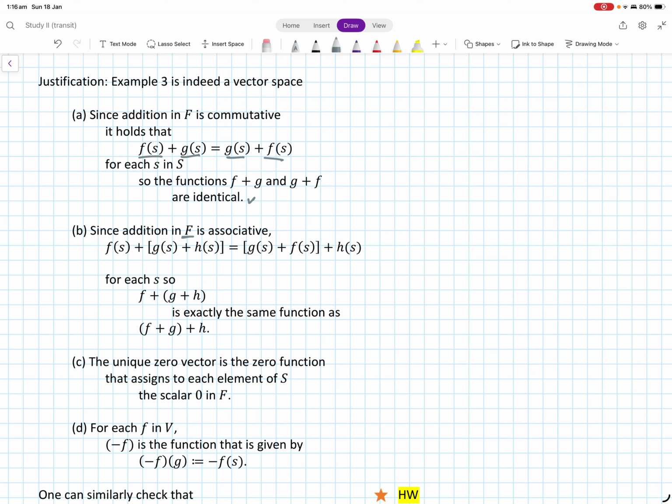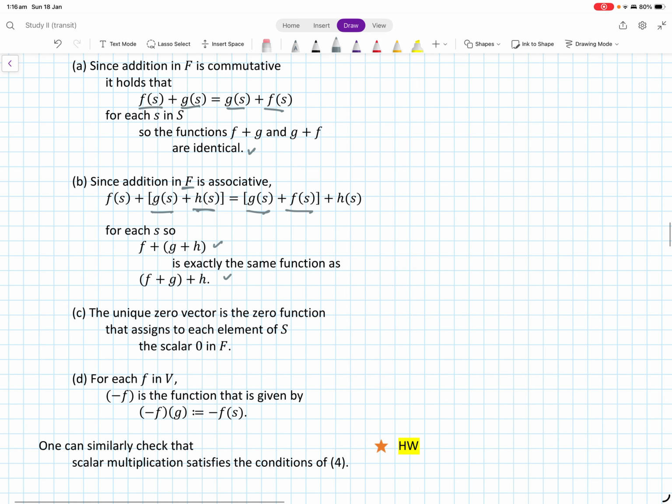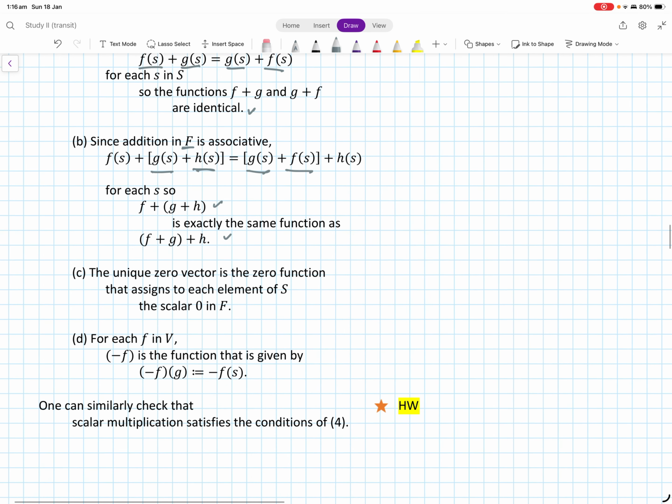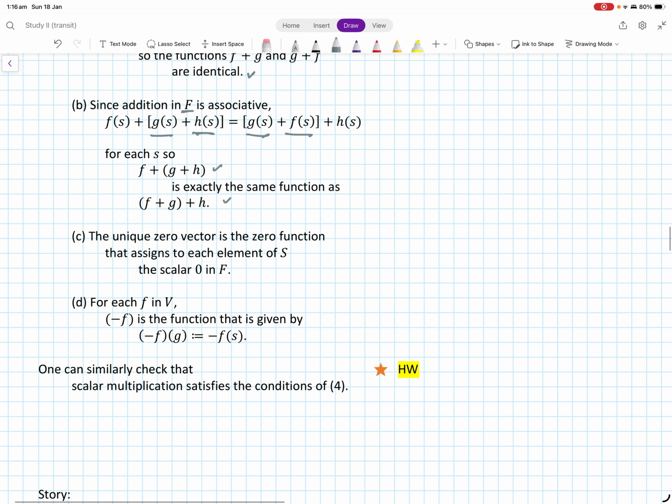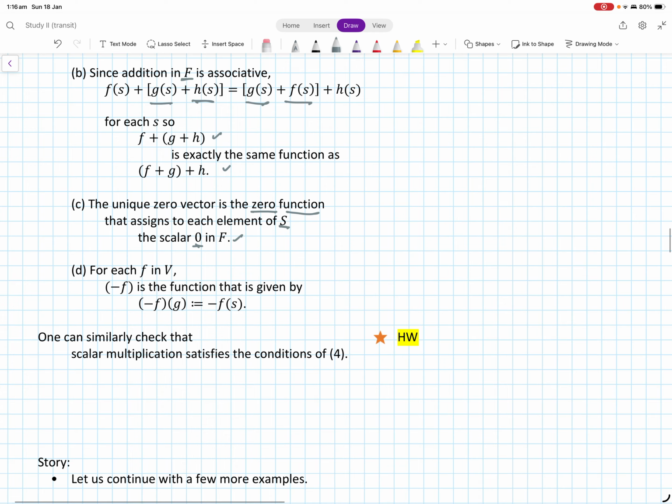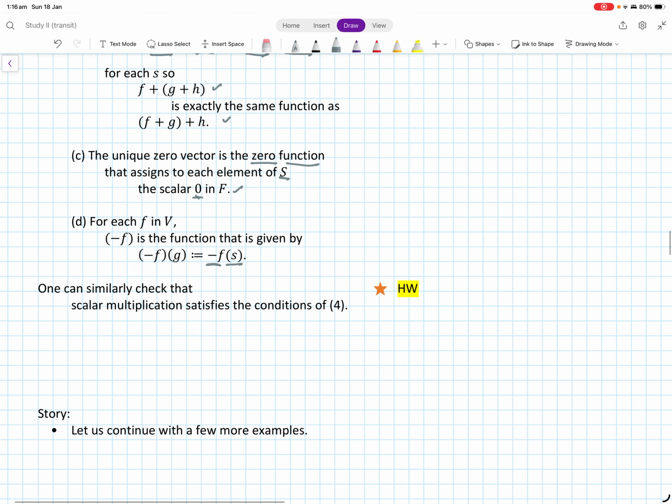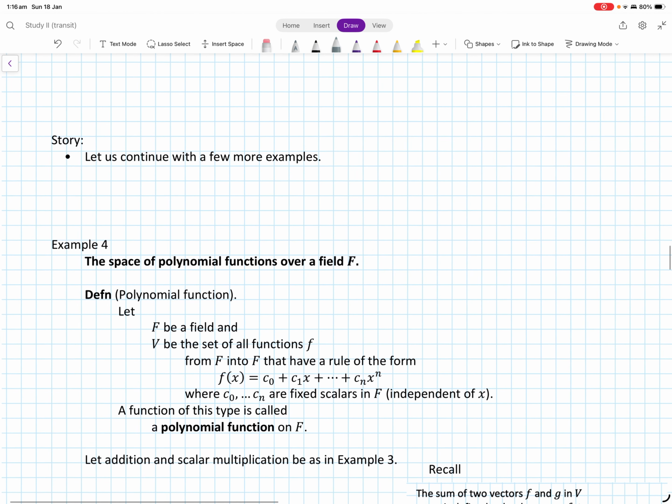Since addition in F is associative, this is also just getting induced from the fact that scalars are associative. And so therefore this is going to be exactly the same function, regardless of whether you do g plus h first or f plus g first. The unique zero vector is the zero function, that assigns to every element of S the scalar 0, so this is fine. And the inverse is exactly minus f(s), because you add it and you get 0. Okay, and then the remaining properties for scalar multiplication are left as an exercise, because I should add it in the assignment somewhere. These are very straightforward things to check.